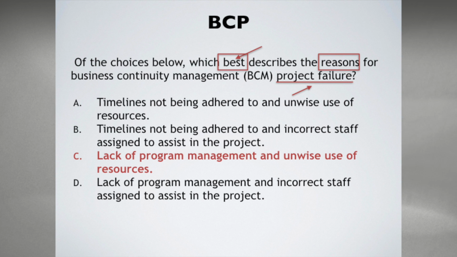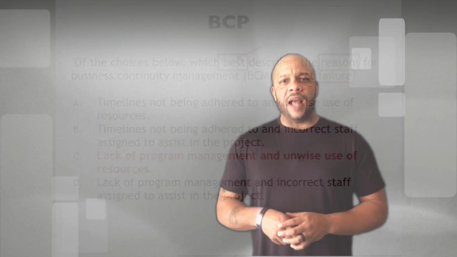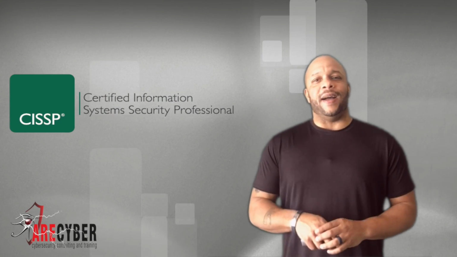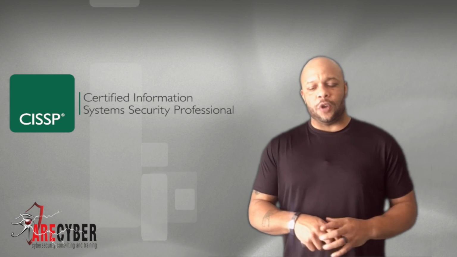Remember, projects fail for really one key reason. It's a lack of overall project management and a poor utilization of resources, regardless whether it's an IT project or you're building a skyscraper. Well, that's going to do it. Keep these in mind and you will pass the CISSP on the first try.